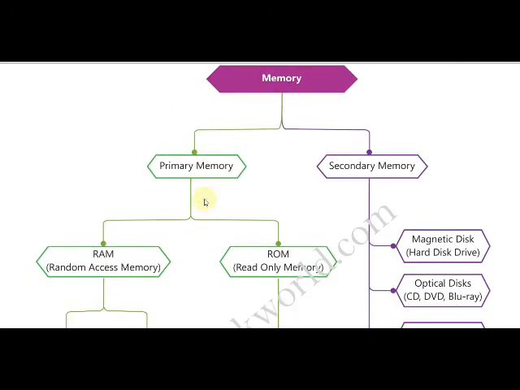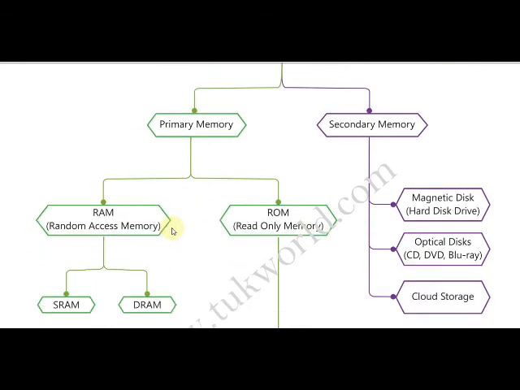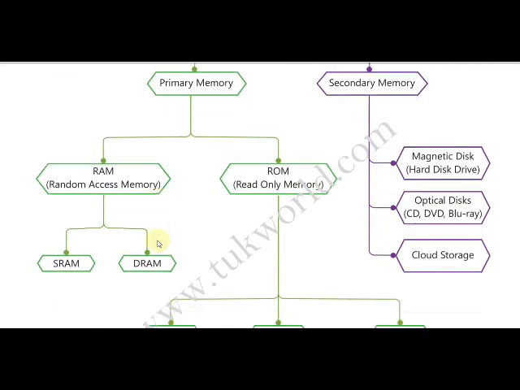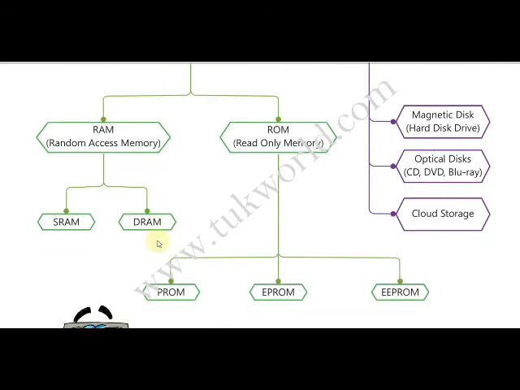As I said, primary is again divided into two types, RAM and ROM. RAM is divided into two types, SRAM, static random access memory, and DRAM, dynamic random access memory. And ROM is divided into PROM, EPROM and EEPROM. These are the types of ROM.